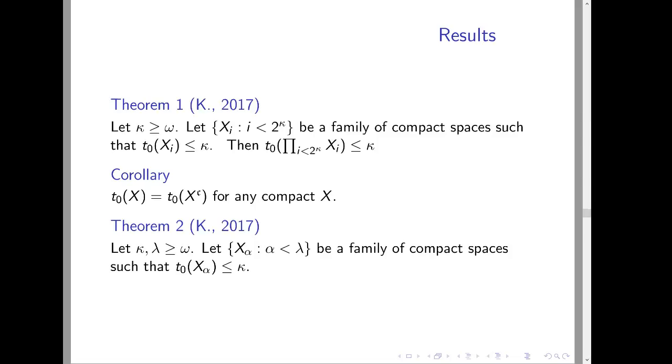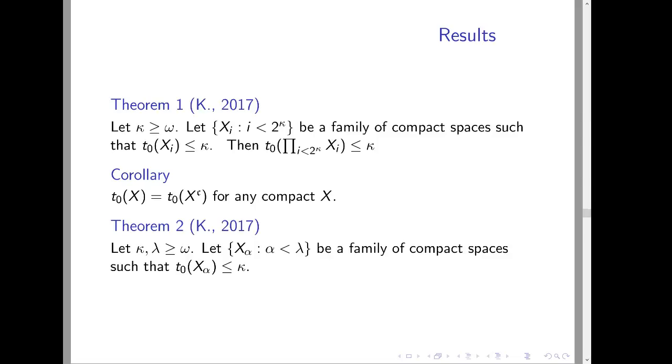And there is another theorem, which is not a generalization of the first one. It is a different theorem. In this theorem, we have 2 infinite cardinals, kappa and lambda. Lambda measures the size of the family. So we have lambda many compact spaces here. And kappa is a common bound for functional tightness of all factor spaces. And then we have to assume something about the size of this family. The assumption is on lambda.